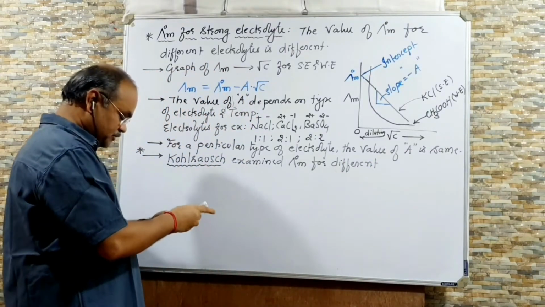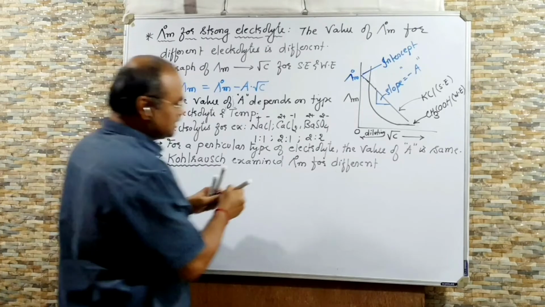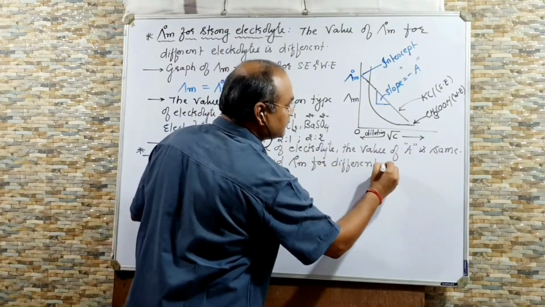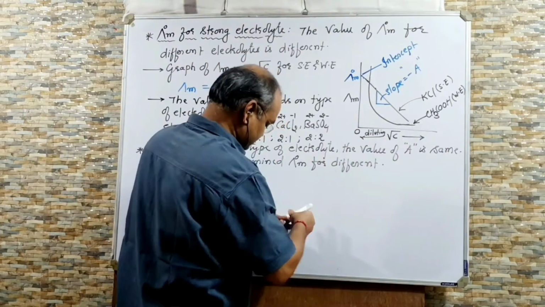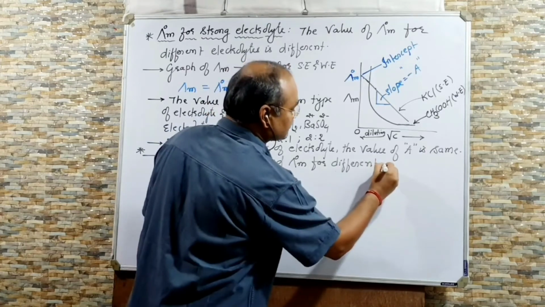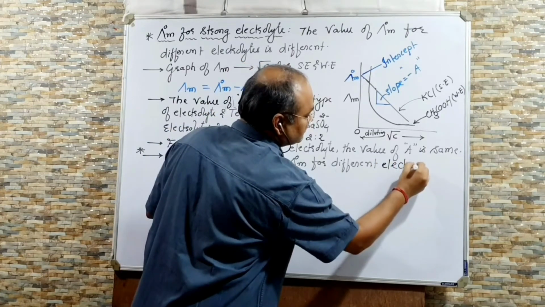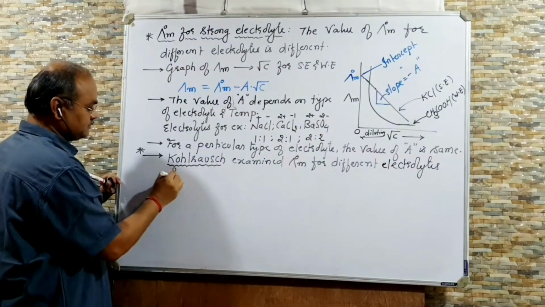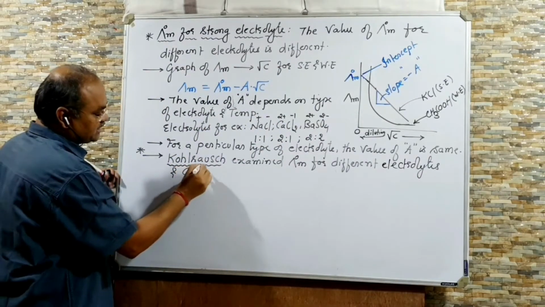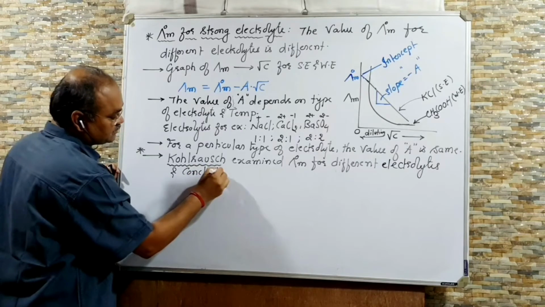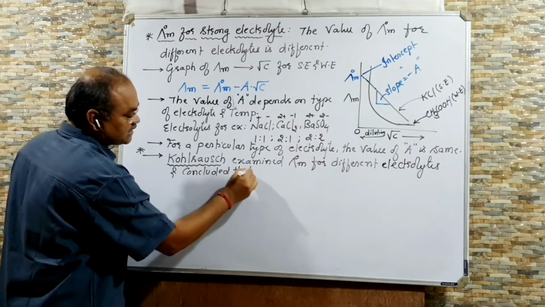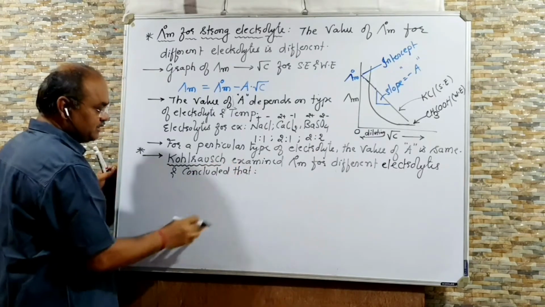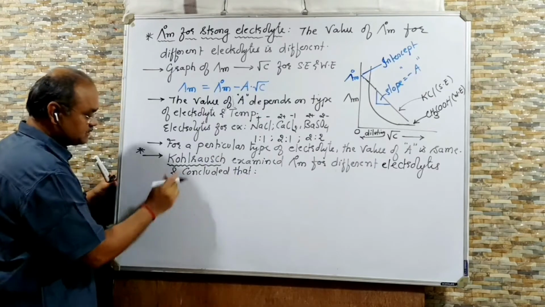He has taken different strong electrolyte. So he examined lambda 0 m for different electrolytes and concluded that. Now what are the conclusions? From these two conclusions also MCQ or short question is being asked.